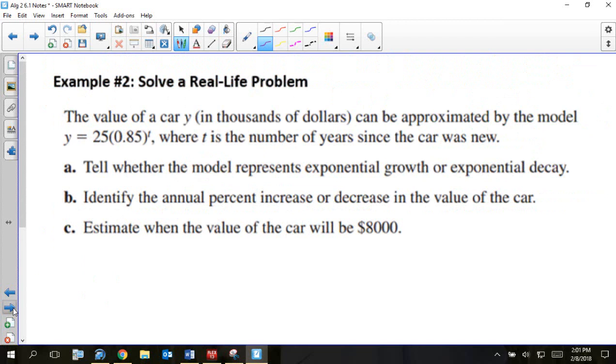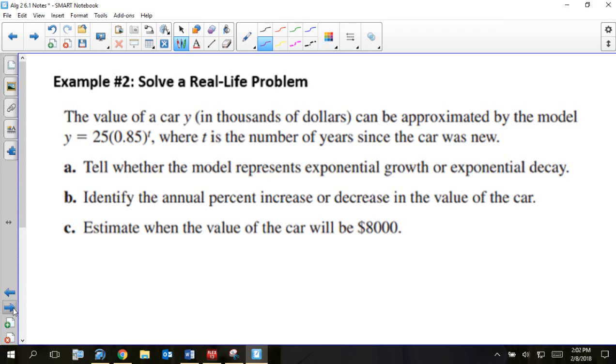So, example 2 says, solve a real-life problem. The value of the car in thousands of dollars can be approximated by the model y equals 25 multiplied by 0.85 to the t, where t is the number of years since the car was new. Let's look at this real fast. What is our initial amount? 25.